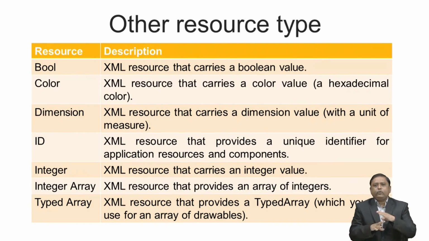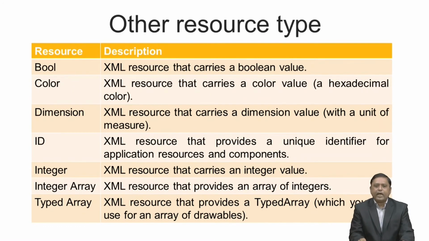Now let us look at some other resource types also. So we can define a boolean value, which is called bool resource. It is an XML resource that carries a boolean value. Then we can have color resource, which is an XML resource that carries a color value in hexadecimal format.